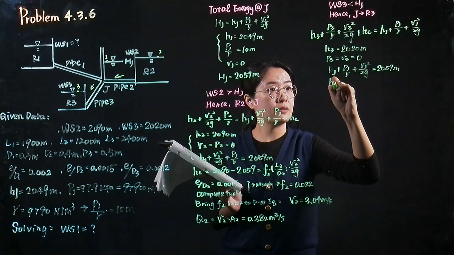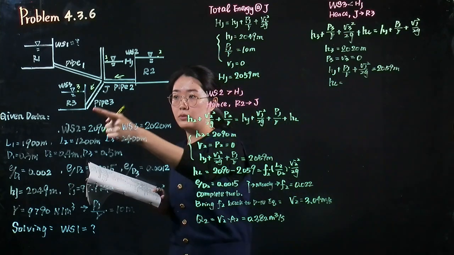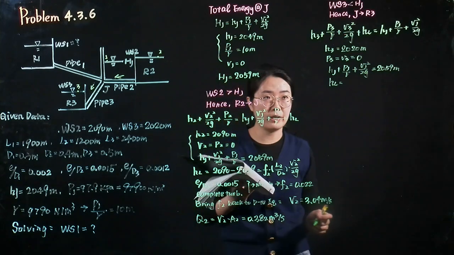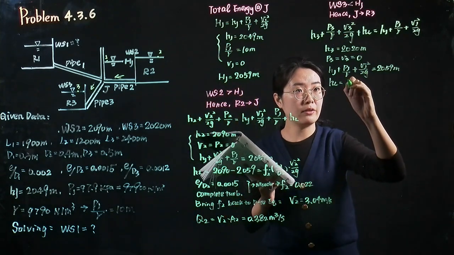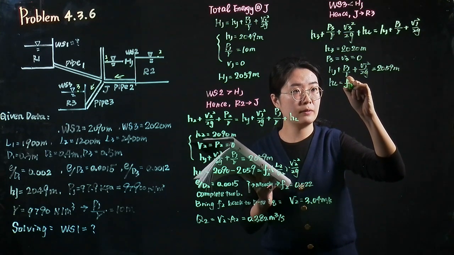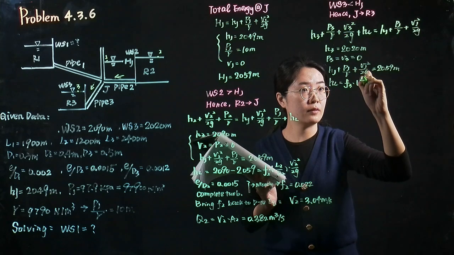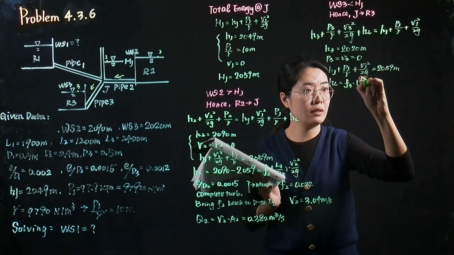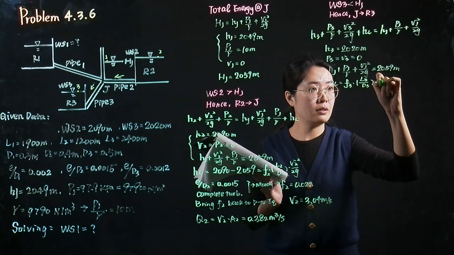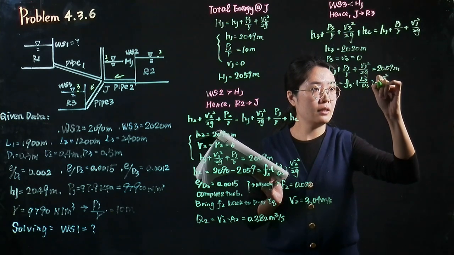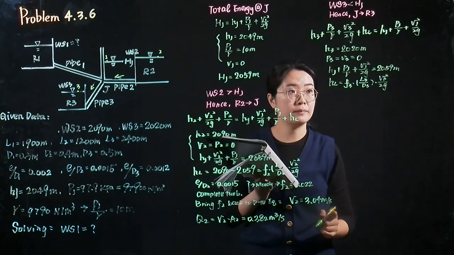The head loss from the joint point to the reservoir 3 is contributed by the friction loss, which is given by the Darcy-Weisbach equation: friction factor times the length over diameter times the velocity in the pipe squared over 2g.